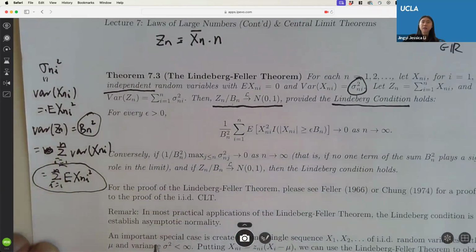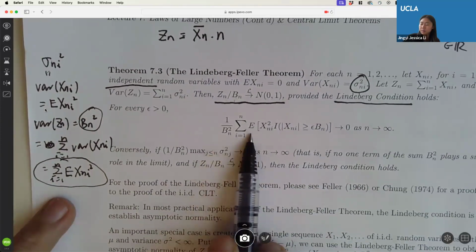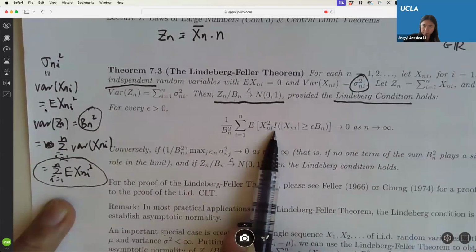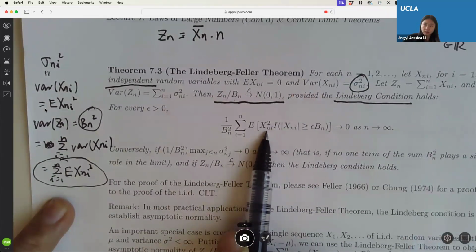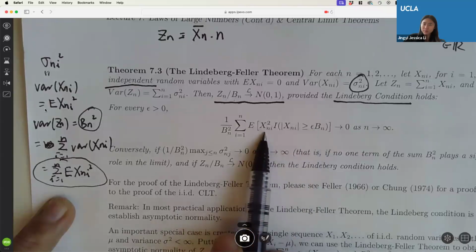So what I want to say here is that Bn squared is equal to the sum of X_ni squared in expectation. But now we are not comparing Bn squared just to the sum of X_ni squared. We multiply this indicator function to X_ni squared. In other words, we ignore the X_ni squares that are within epsilon times Bn. For the small values, we just set them to 0.